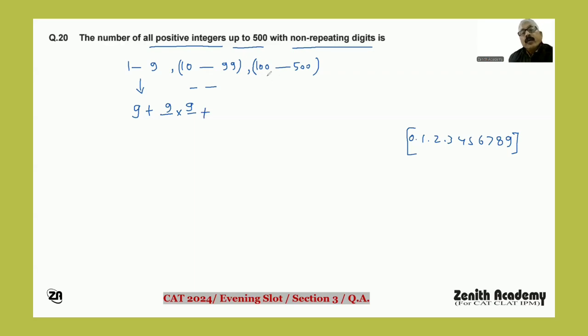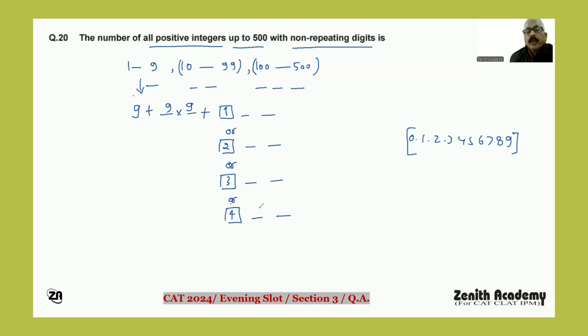Third, 100 to 500, three digit numbers. In three digit numbers, 100 something, 200, 300, 400, and 500. Up to 500. Here you have a few cases, like 1 is fixed here, or 2 is fixed here, or 3, or 4.